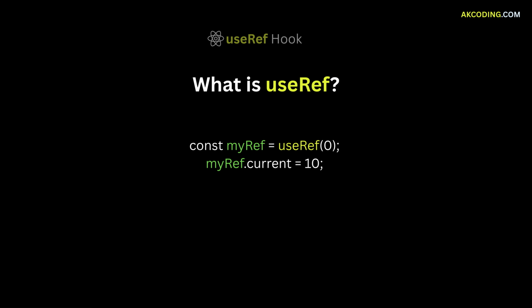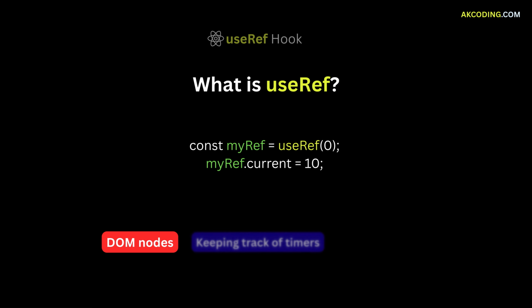Here are the use cases. It is a great way of accessing DOM nodes. If you want to access the DOM directly, then you can use useRef to access DOM nodes. Keeping track of timers.